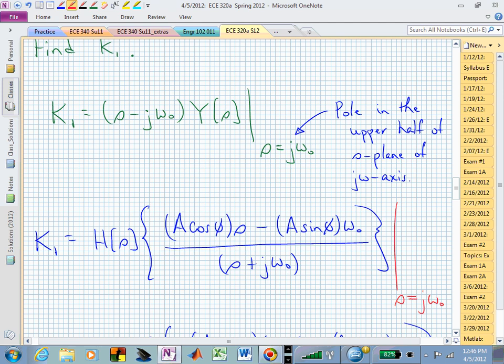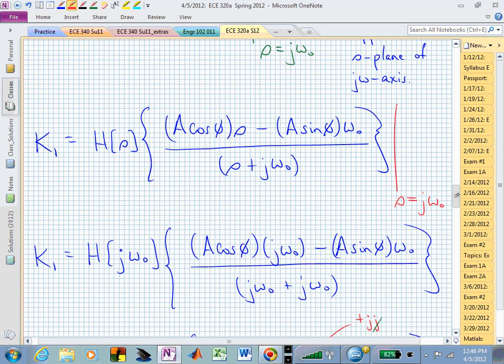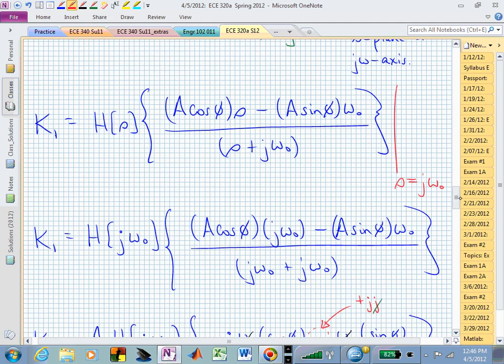If we now replace all the s's with s equal to j omega naught, we're now evaluating right on the imaginary axis. H of s becomes h of j omega naught. If omega naught was 3 radians per second, we would simply plug in omega naught equal to 3.